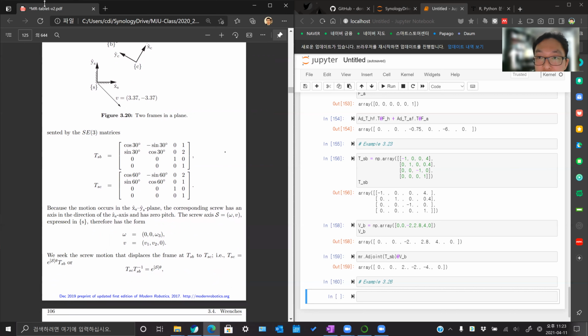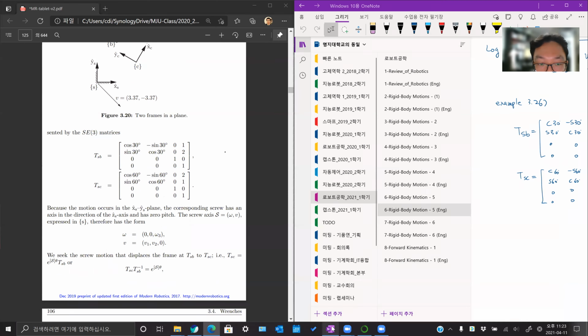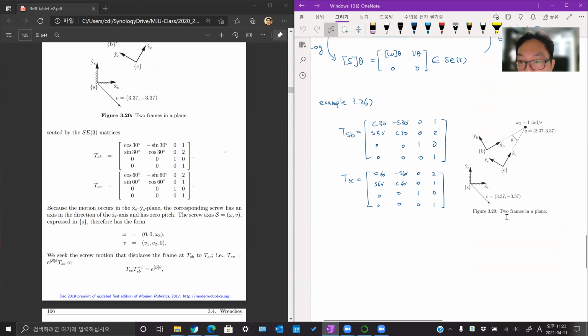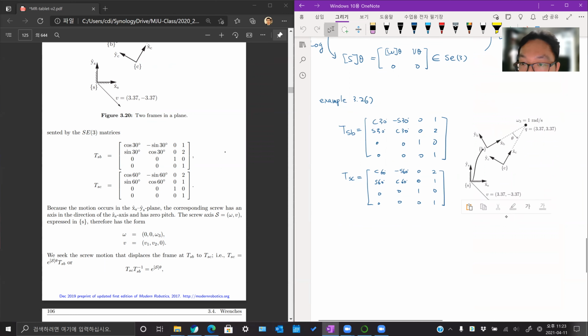So the meaning of this: there is a homogeneous transformation from S to B, T_SB, and there is some transformation based on screw motion.